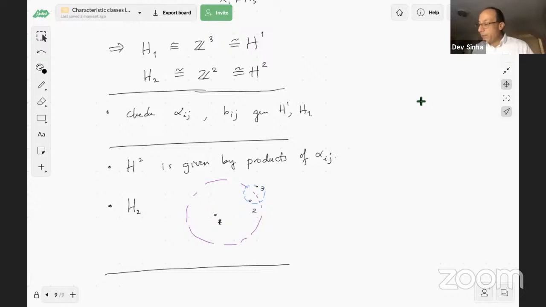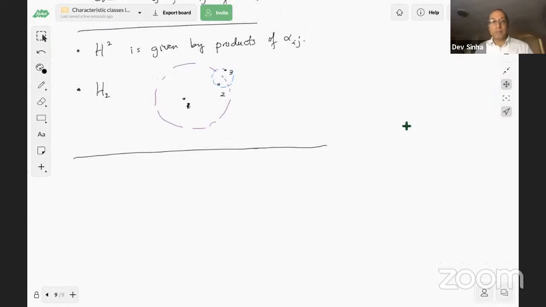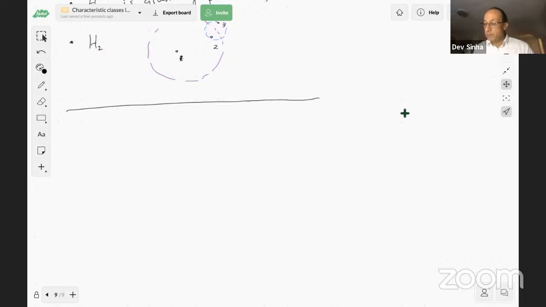Finally, I wanted to say that there are 2 ways to understand the relations in the cohomology ring, or 3 ways. What is the relation? In this case, it's alpha 12 alpha 23 plus alpha 23 alpha 31 plus alpha 31 alpha 12 is 0.